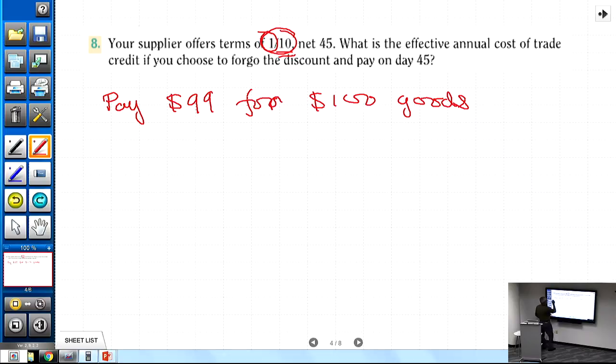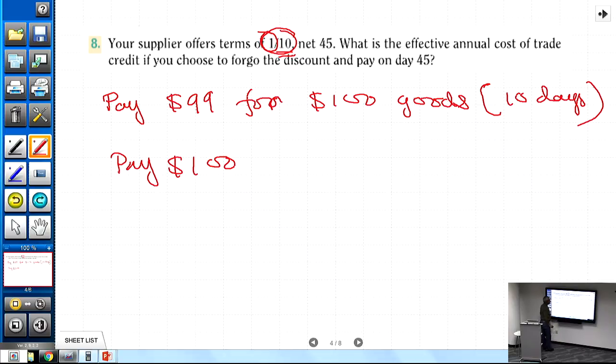If you wait for 45 days, you will pay 100. So your interest effectively is $1, your $1 out of 99.